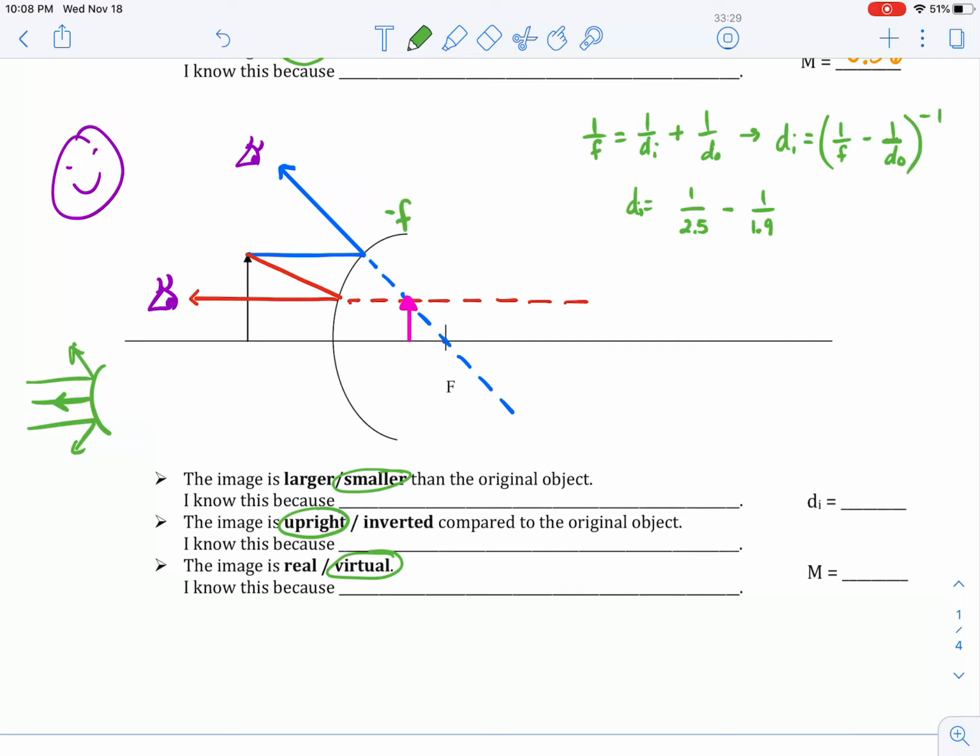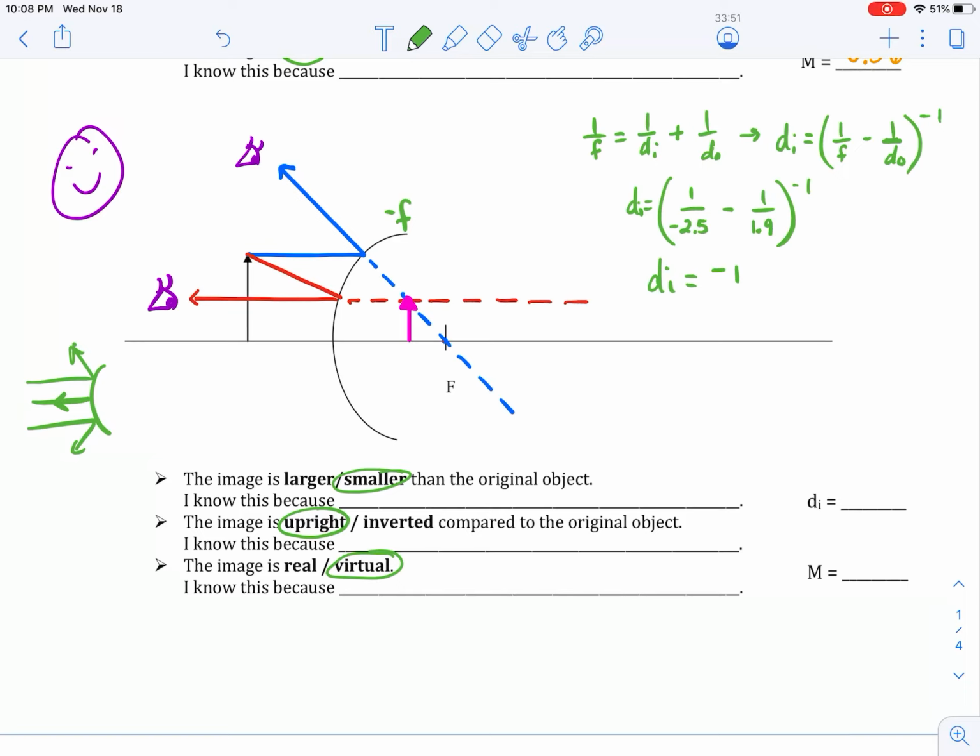We called this diverging, and if you look in your notes, diverging light rays are going to have a negative F value. So we have to make this a negative 2.5 before we can do our subtraction. Then we're going to take that answer and invert it.